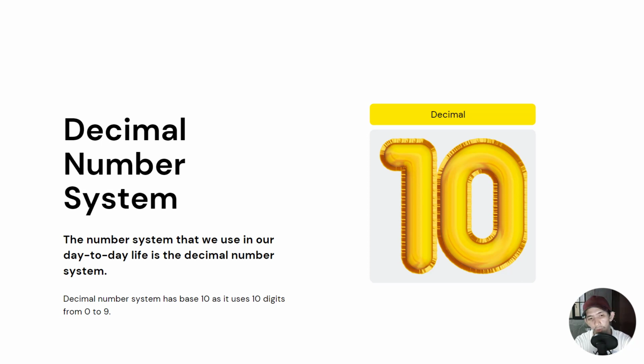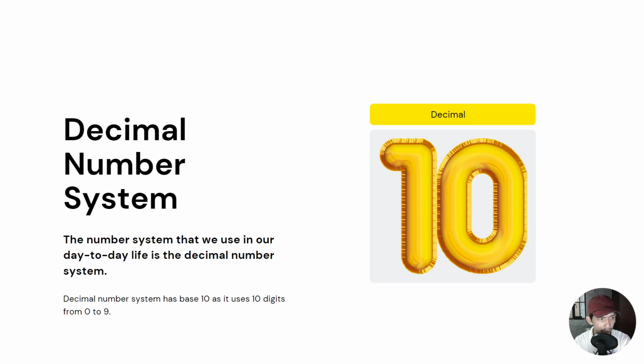Dun nakuha yung tinatawag natin na base 10. Minsan tinatawag din natin siya na weight, weight ng decimal, or weight ng specific number system, kung ilan yung digits na ginagamit sa composition ng buong numbers na yan.